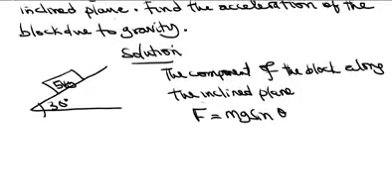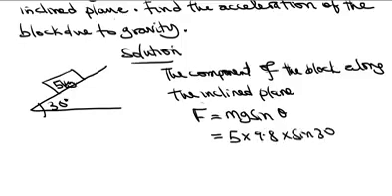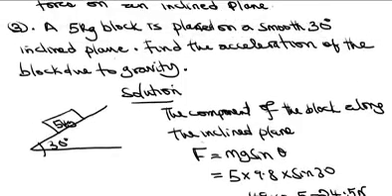From here, you get the value for F, which is mass times the acceleration due to gravity times sine theta. The mass, as we are given, is 5, so that is 5 times 9.8, then times sine 30. That is 49 times 0.5, and it's going to be 24.5 Newton. And that is the force.